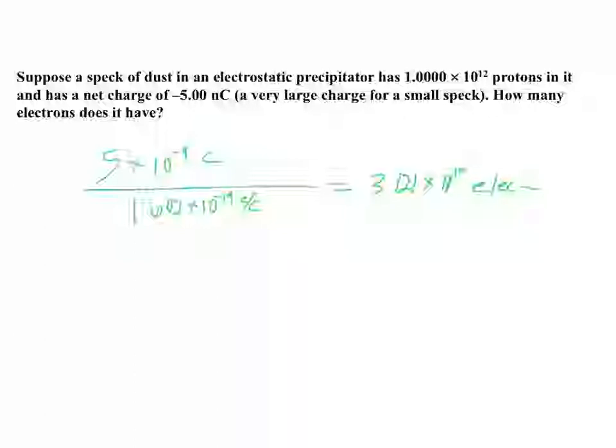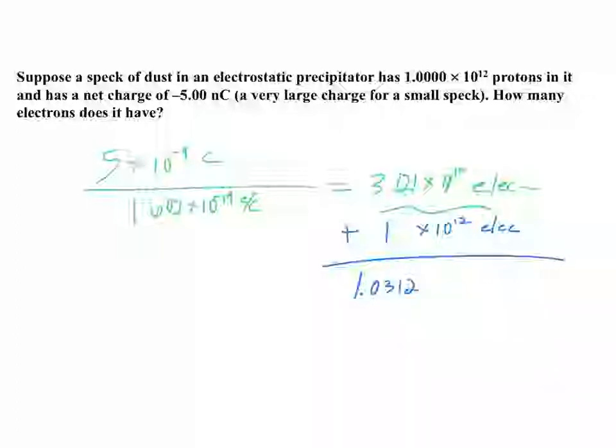Okay, so this is the number of electrons due to the net charge, but I have to add to it the 1 times 10 to the 12th electrons. And when you do that, you get 1.0312 times 10 to the 12th electrons.